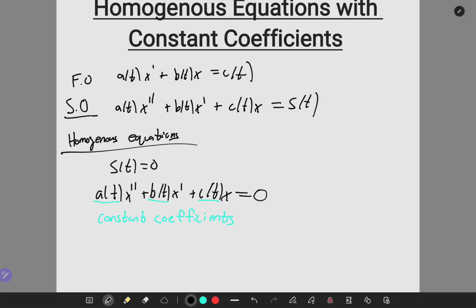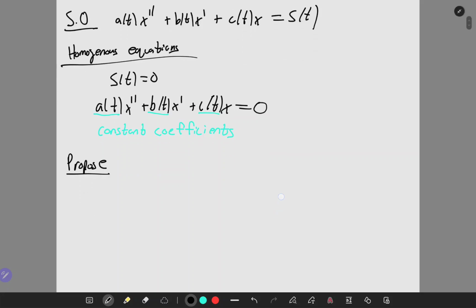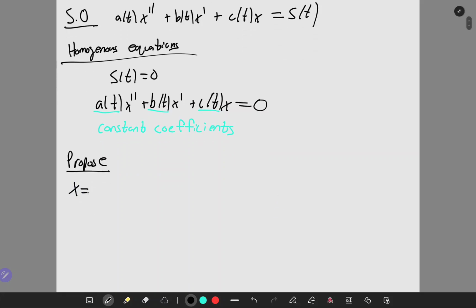So the idea with these is we're going to propose something. You're going to notice that a lot when we get into higher order stuff, we're going to do a lot of proposing. So we're going to propose x is equal to e to the rt.